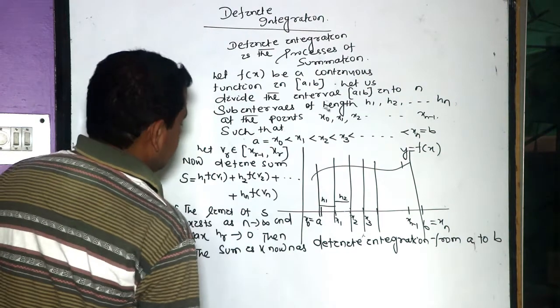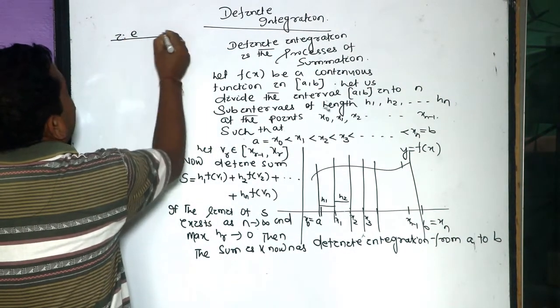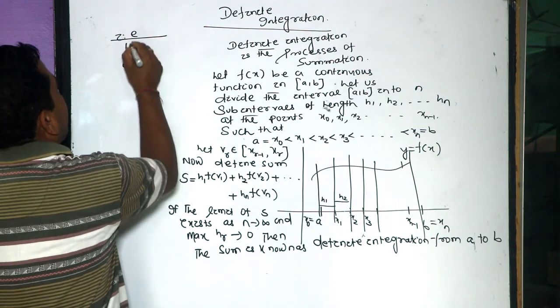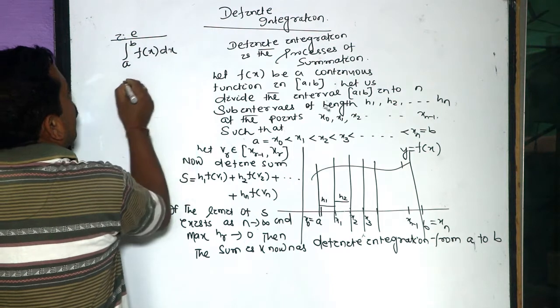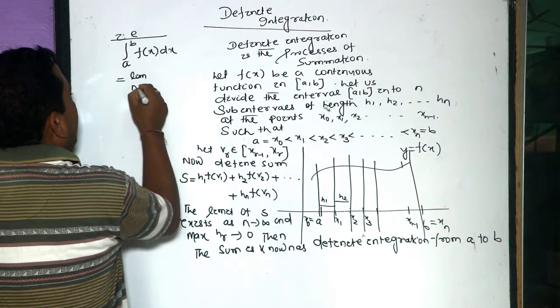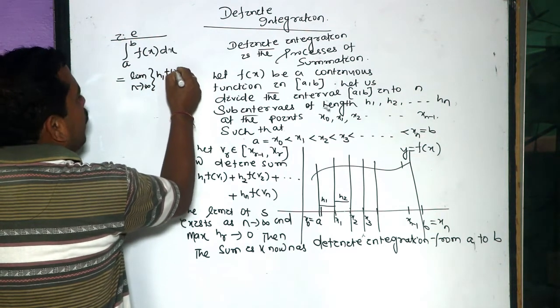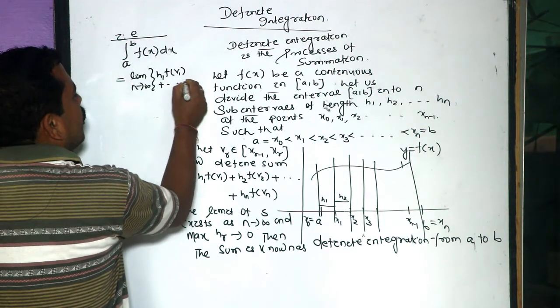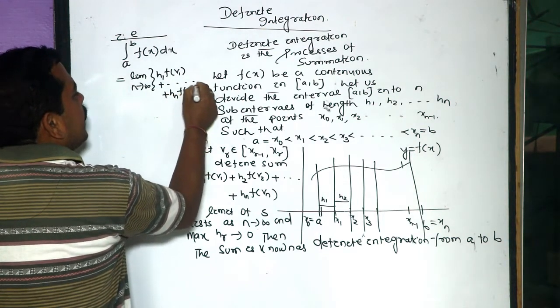That is, the integration from a to b of f(x) dx equals the limit as n tends to infinity of h1 f(v1) plus ... plus hn f(vn).